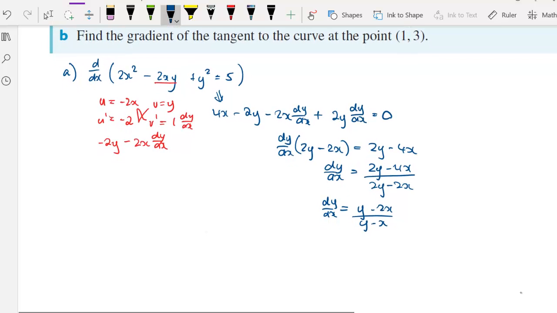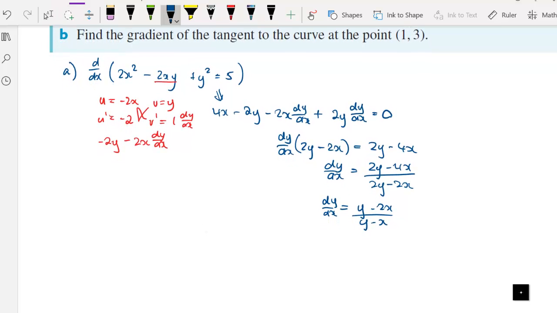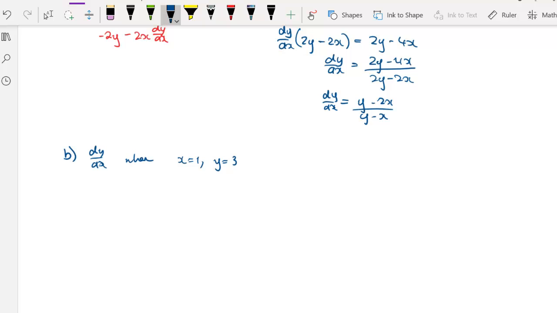Part B says find the gradient of the tangent to the curve at the point 1, 3. So basically, they've told us that we want to find the gradient, we want to find dy/dx when x is equal to 1 and y is equal to 3. So that's nice and easy to do.